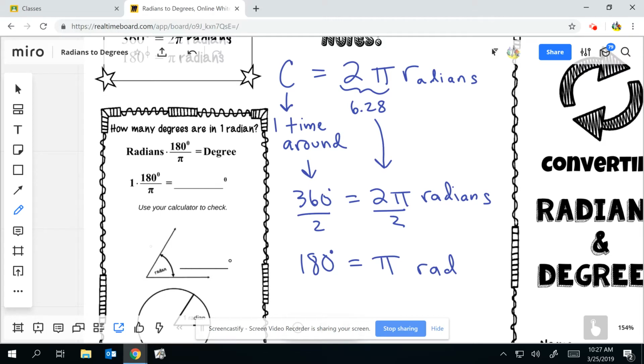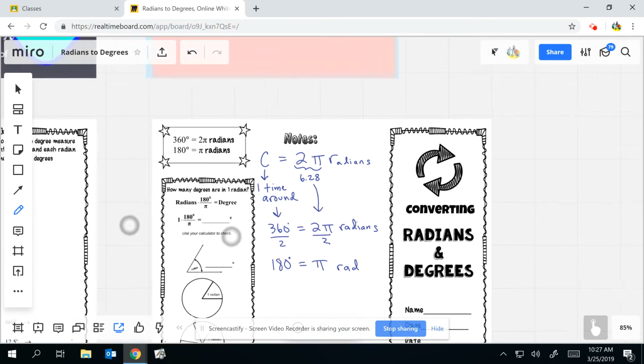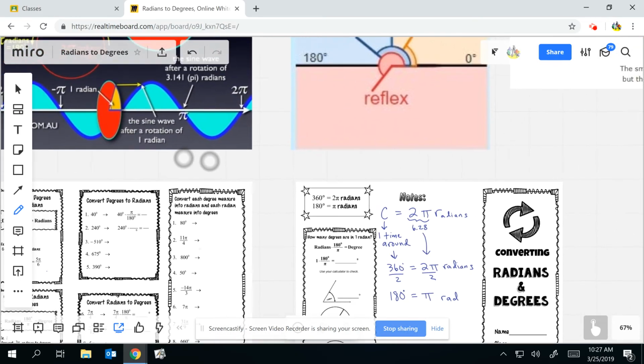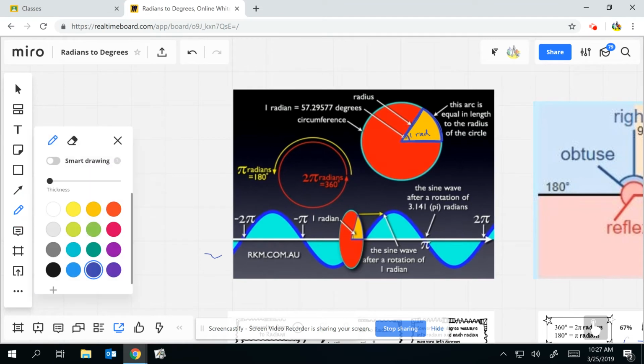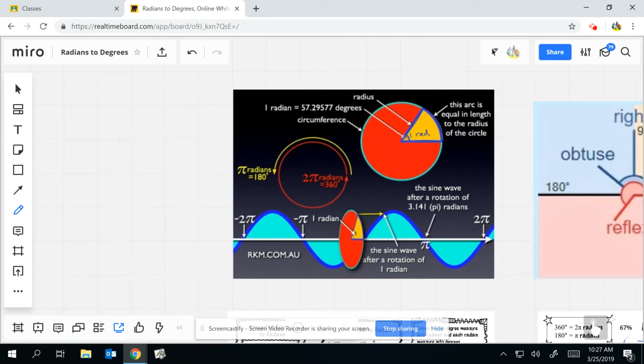180 is pi. So go back up to the picture for a second. Do you notice that I had the 180 is pi on the yellow? Remember, I was telling you about that.